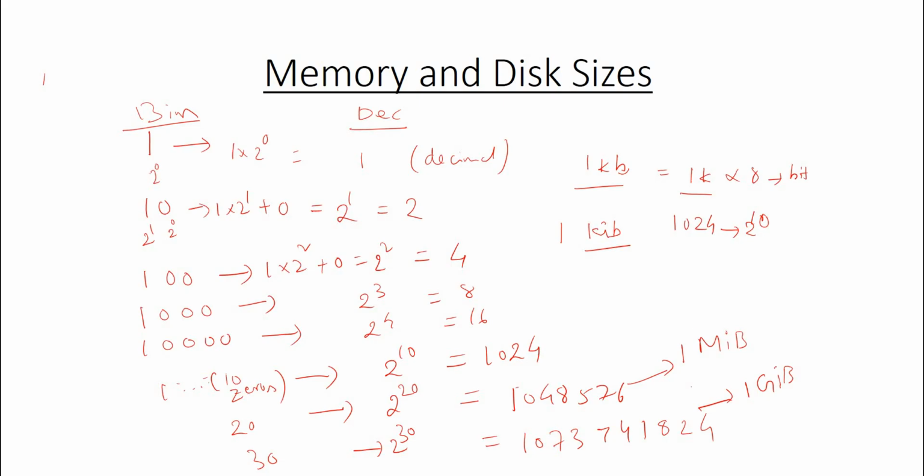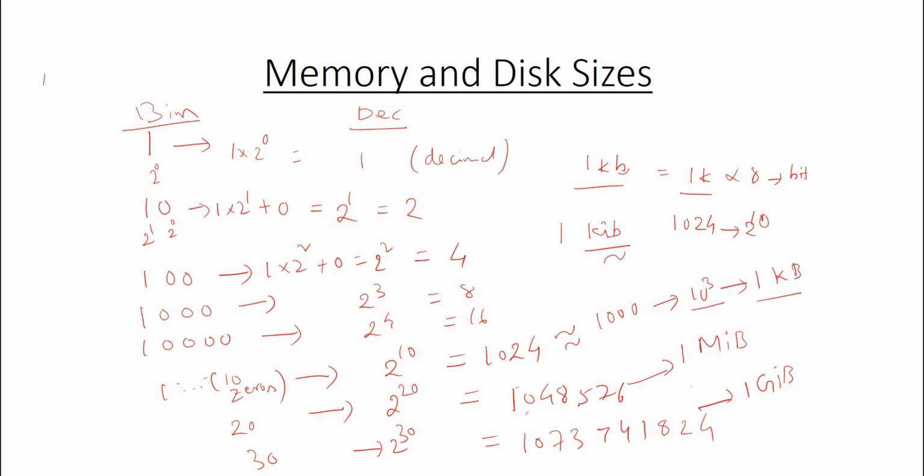But as humans or manufacturers, we represent the sizes of disk or memory in terms of decimals. For example, manufacturers will treat this as 1000, which is nothing but 10 cube, and they will specify it as 1 kilobyte. So 1 kilobyte is approximately equal to 1 kibibyte. 1 kibibyte means 2 power 10. So 2 power 10 is almost equivalent to 10 cube.